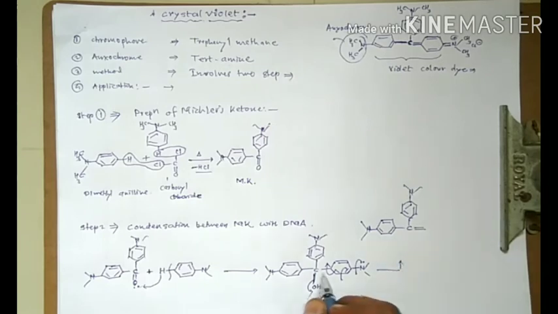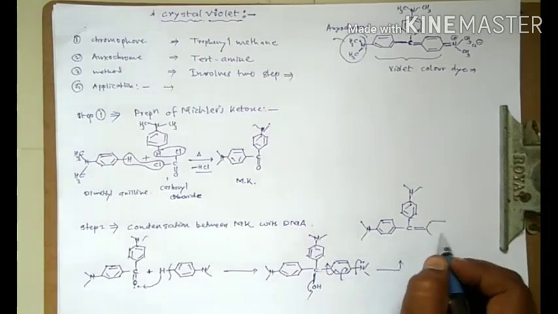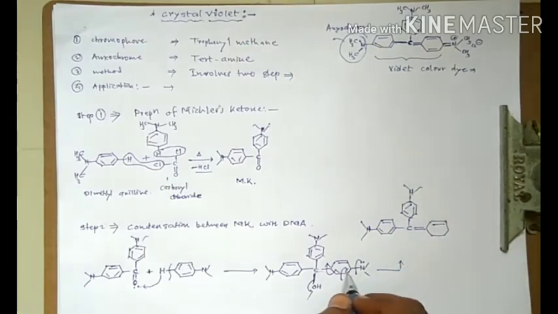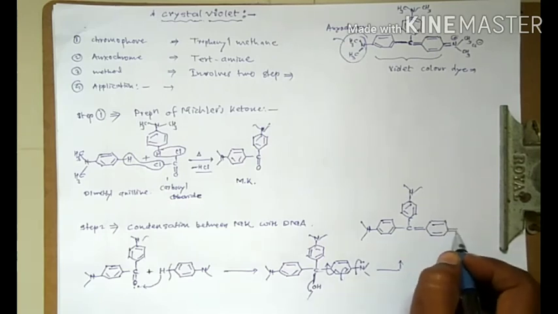Here it is a formation of carbon carbon double bond. This bond is as it is, and here it is a shifting of this carbon carbon double bond between these two carbons, and carbon nitrogen bond formation.